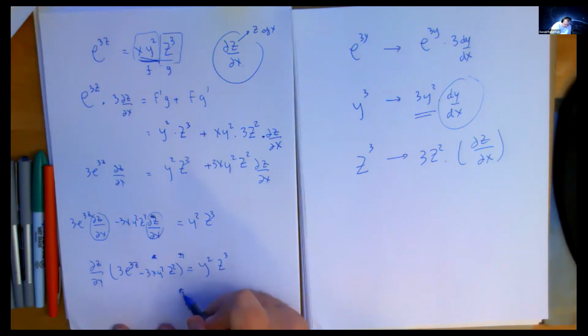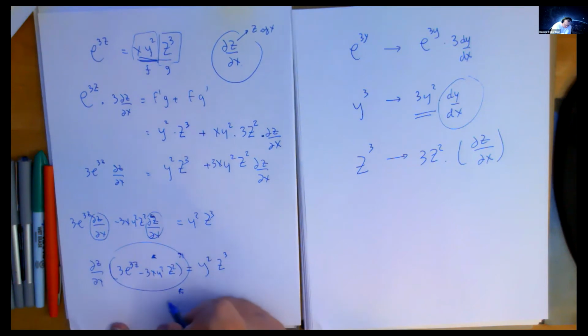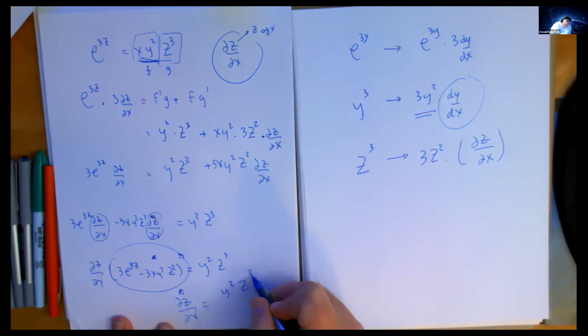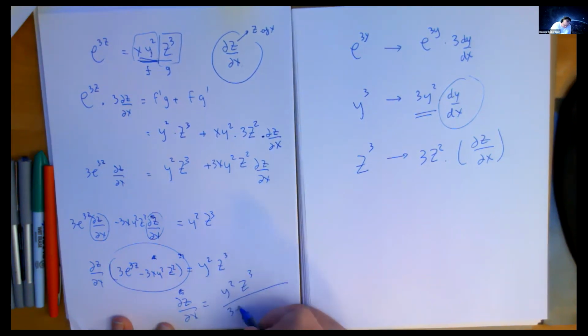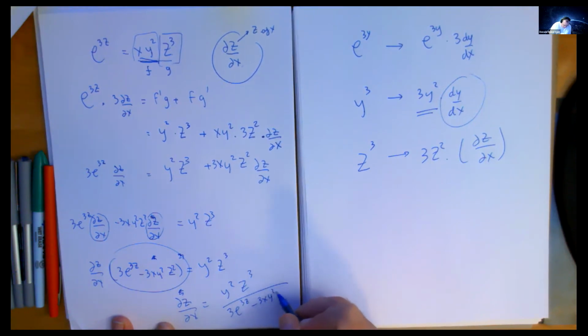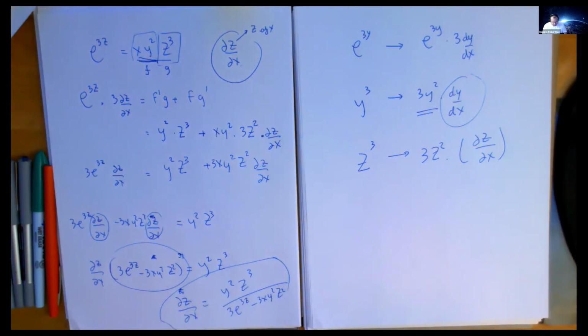And to finish with, then, don't we take that guy and divide it into both sides? So this is y squared z cubed over 3e to the 3z, take away 3xy squared z cubed. That's the answer. Now, I have not broken the rule that there's one variable and the others are treated as constant.